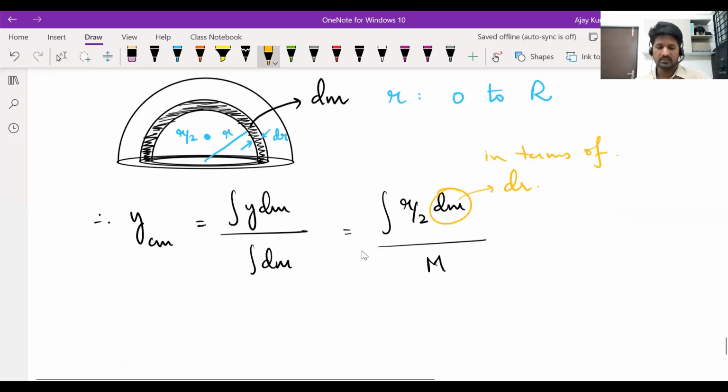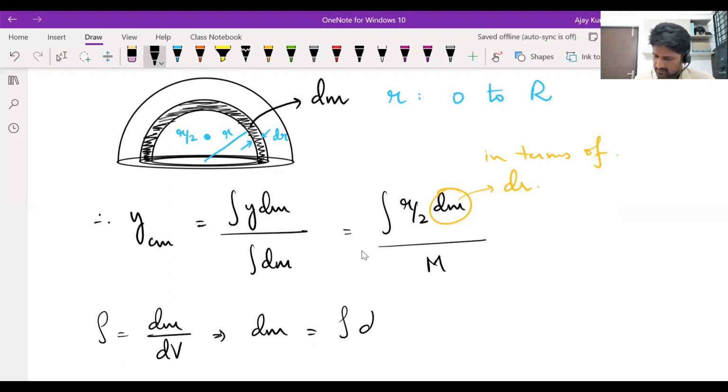Think of the mass distribution first. It's a volumetric mass distribution. So density is equal to mass by volume. So dm becomes rho, that is the density, multiplied with the volume. Okay. How do you find out this volume? The shaded volume is nothing but the volume of the outer hemisphere, which I am drawing in yellow.